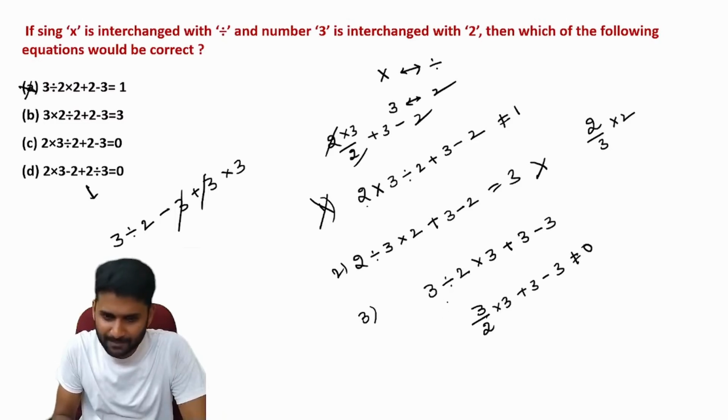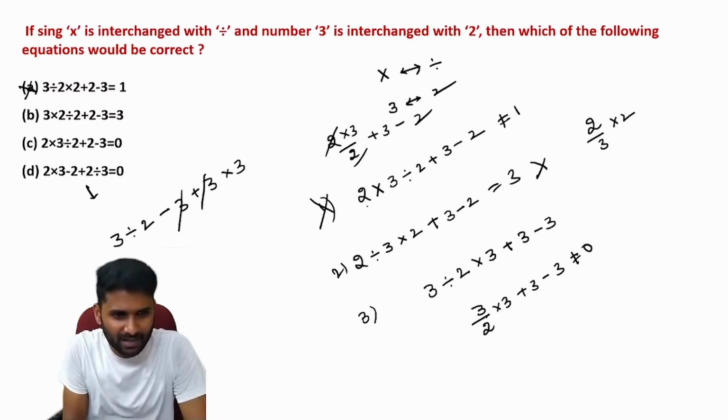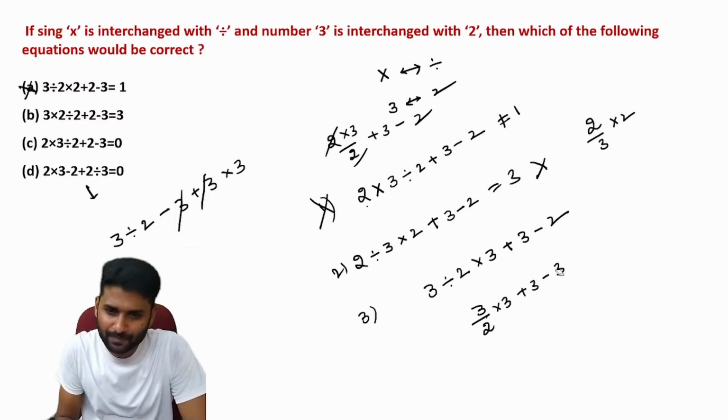Let's check with the C. 3 divided by 2, 3 divided by 2 into 3 plus 3 minus 2. You can see 3 divided by 2 into 3 plus 3 minus 2. Okay, last one.